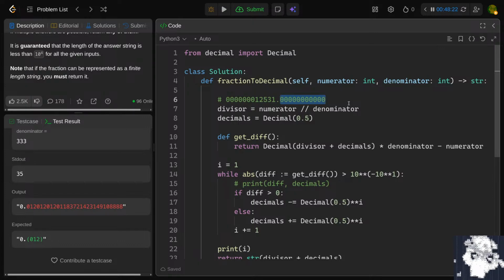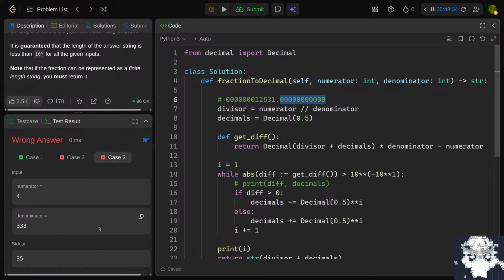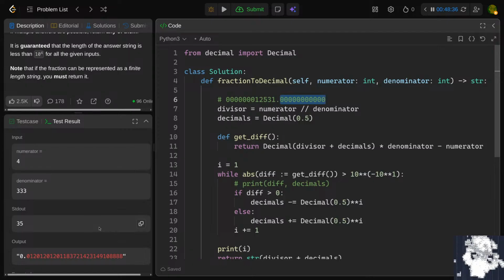I would probably have a way to tell that from the way I'm generating the digits. But how would I generate the digits?